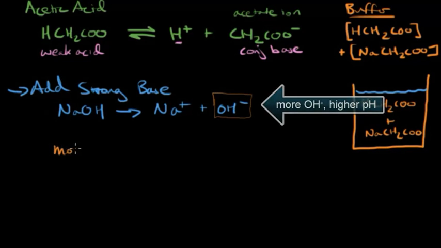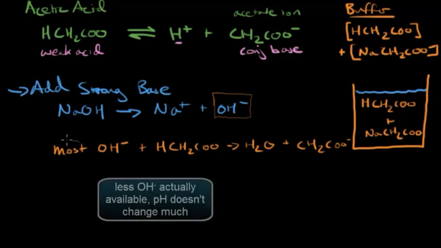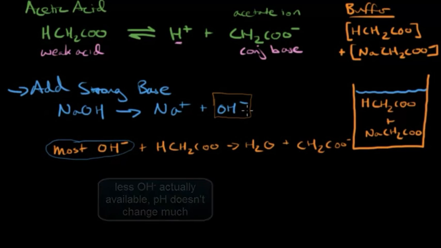However, just like we saw with the acid, most of the OH minus ions produced here would instead undergo a neutralization reaction with the acetic acid present in the buffer to produce water and the acetate ion, which is the conjugate base again. And because most of this OH is used up in this neutralization reaction, we don't see the pH increase as much as it would otherwise.